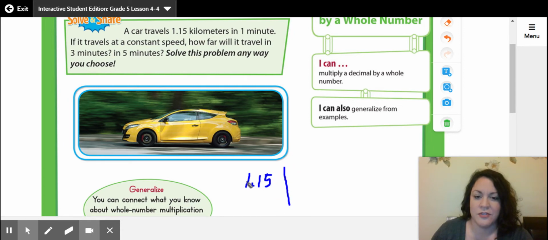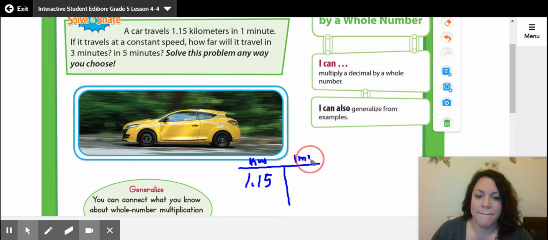Maybe I'll make a chart. So here's how far we go in kilometers. If you really didn't want to say kilometers or that was tripping you up, you could say miles. And then this is how many minutes it took. So 1 minute.